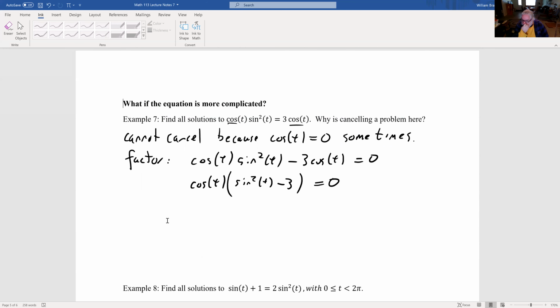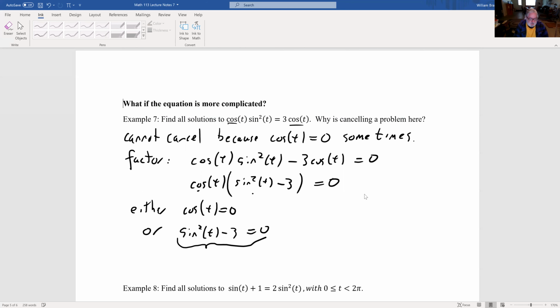And we have that. And so now we need to figure out what exactly are the solutions here. Well, if I have two things multiplied together to give me 0, either cosine t equals 0 or sine squared of t minus 3 equals 0, excuse me.